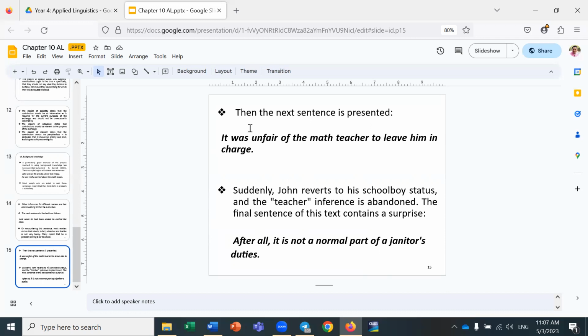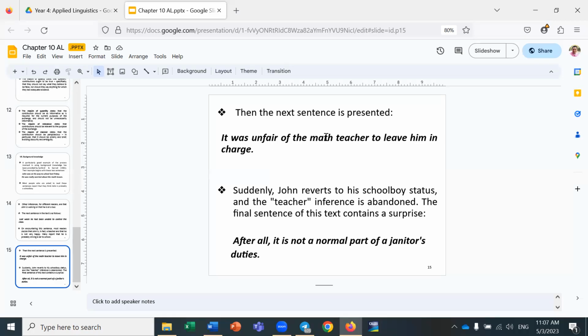But when you read the fourth one here, it was unfair for the math teacher to leave him in charge. Okay, in that case, it changed again. John in the third sentence is regarded as the teacher. Now it changes.